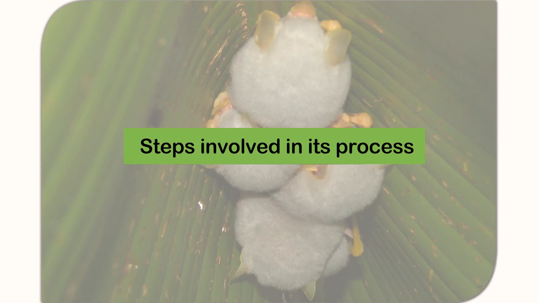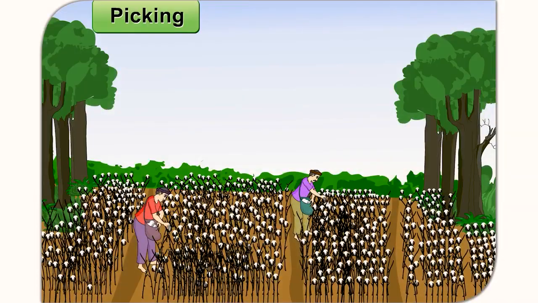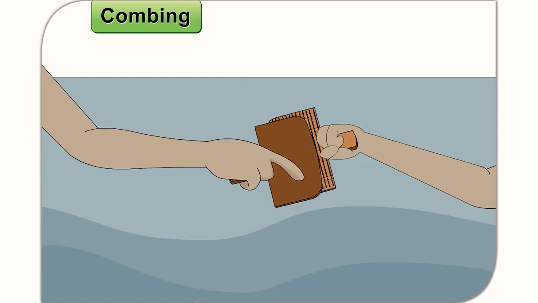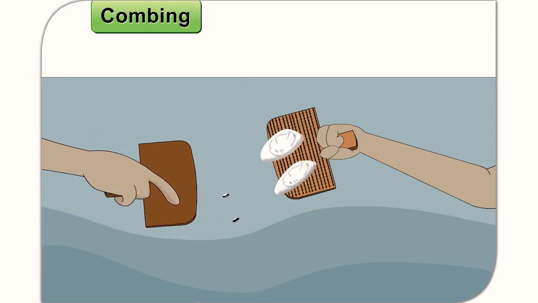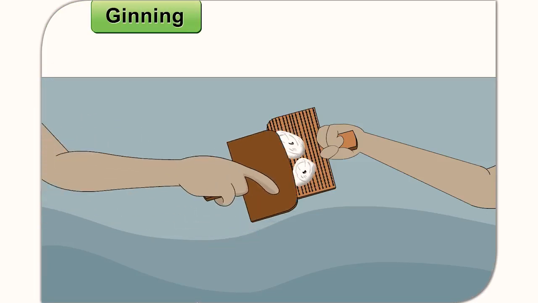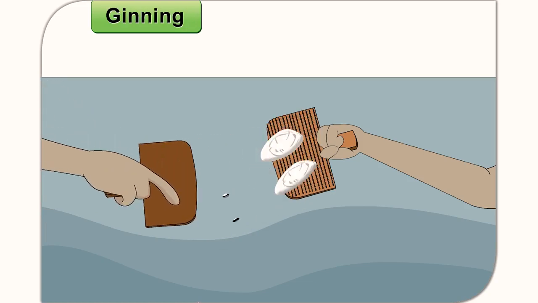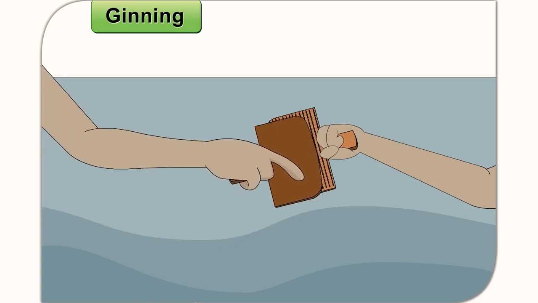Once the fruits are mature, the cotton bolls open and cotton can be seen around the seeds. Cotton seeds with cotton fibers are removed from the cotton bolls by hand. They are taken to a ginning plant where the fibers are separated from the seeds by combing. The process of separating cotton fibers from the seeds by combing is called ginning.